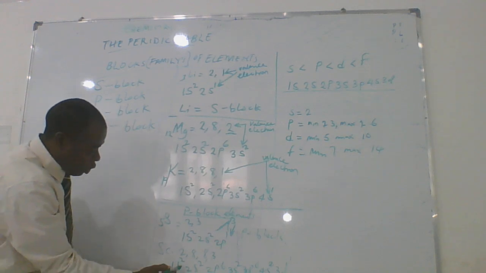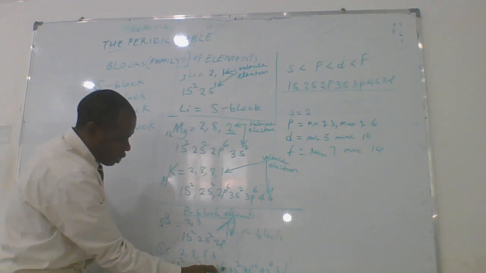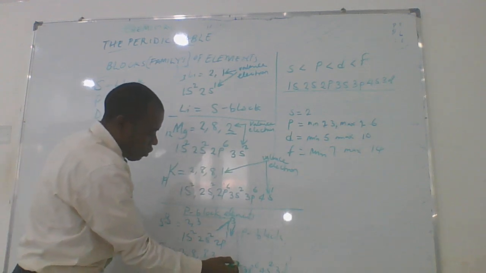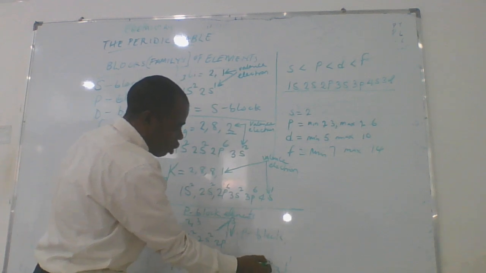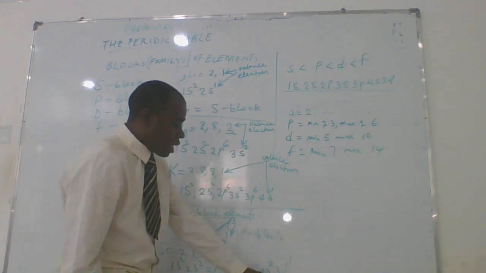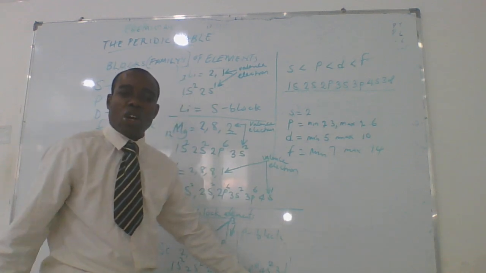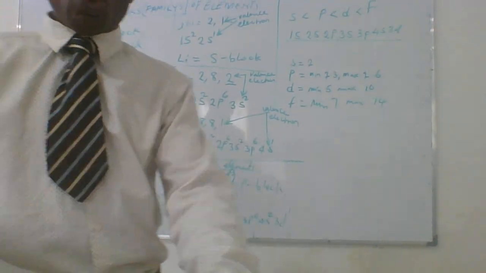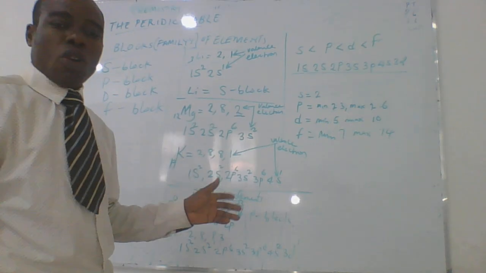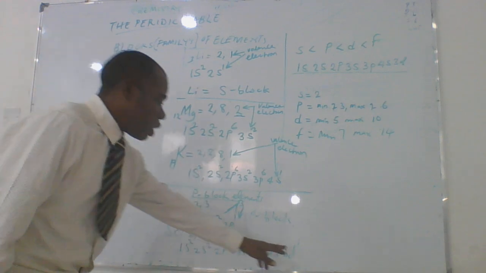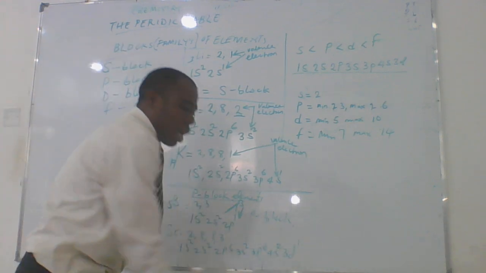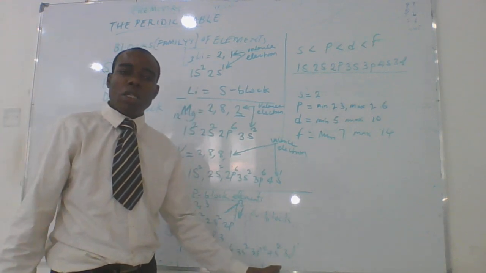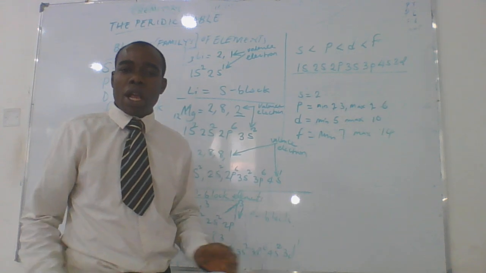Let's add it together. 2 plus 2, that's 4, that's 6, that's 10, that's 12, and that's 18, and that's 20, that's 21. So look at the last electron of scandium. It falls on the d orbital. So because of that, scandium is a d block element.